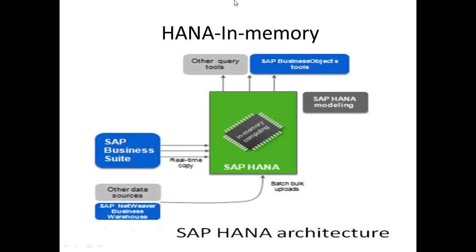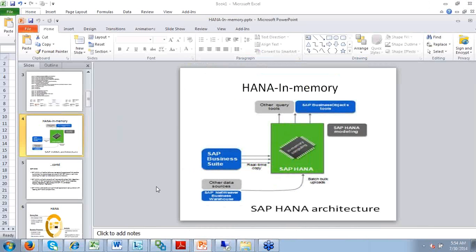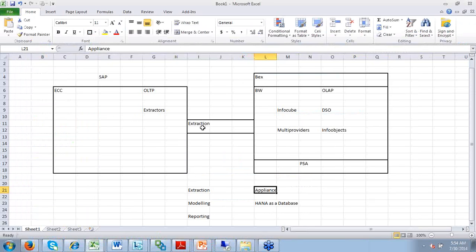The whole point of SAP HANA coming into existence is that when you're using BW, when we're talking about the concept of extraction, we are trying to move the data from ECC into BW not during the time of business transactions but after your business transactions are complete, which means you have to wait till your entire business day is complete, and that's when you start extracting data from ECC into BW.